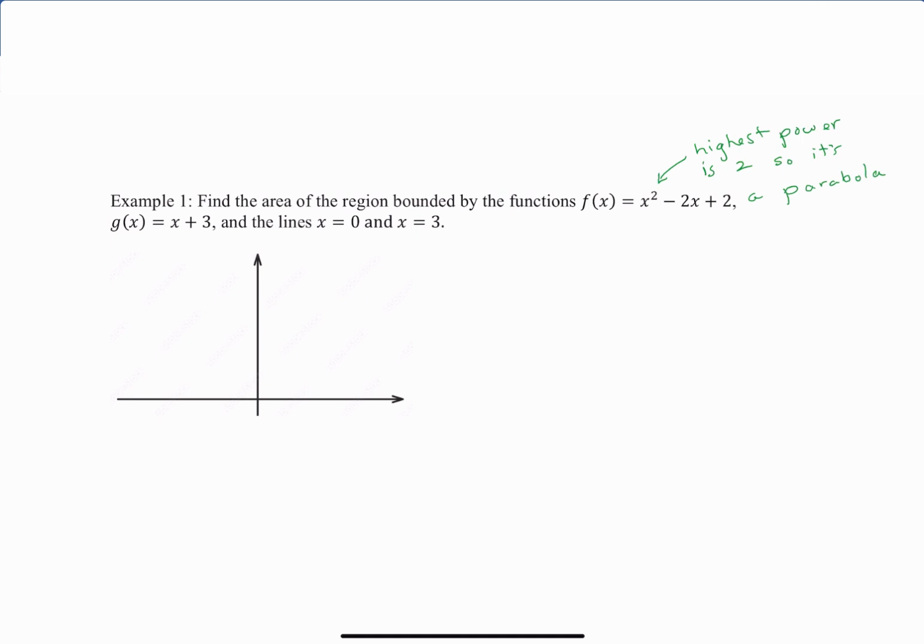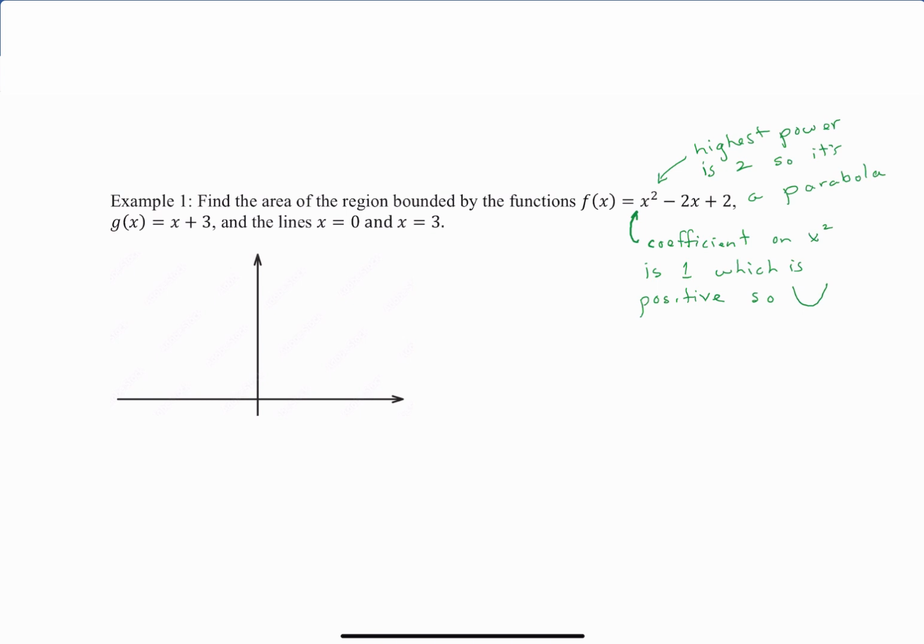Oh, before that, though, let me point out that the coefficient on the x squared is positive. It's an invisible positive 1. And that tells me the parabola is going to be opening upwards, like that. If the coefficient on the x squared was negative, it would be opening downwards.